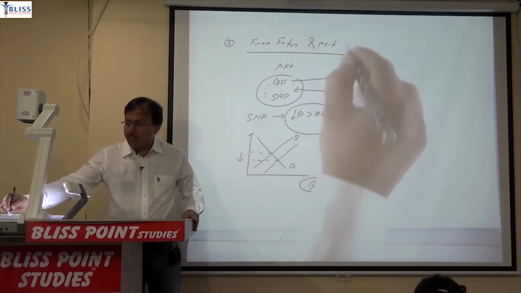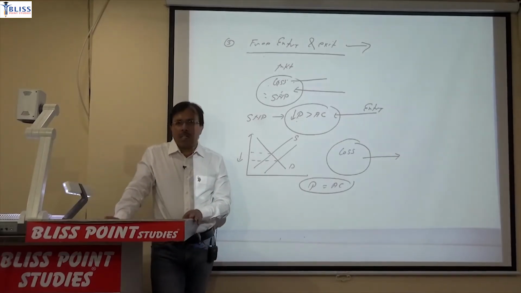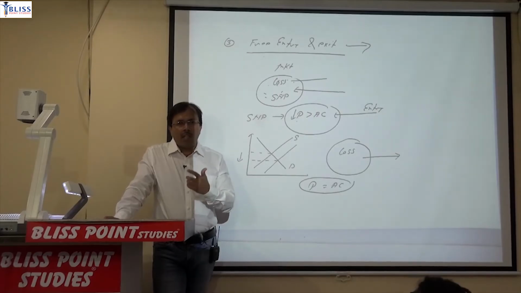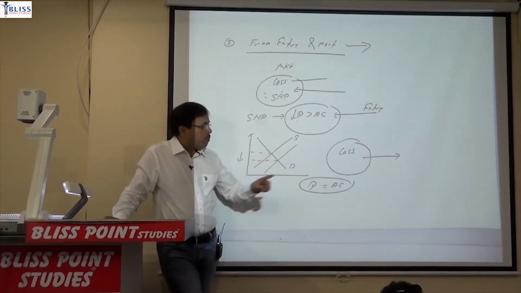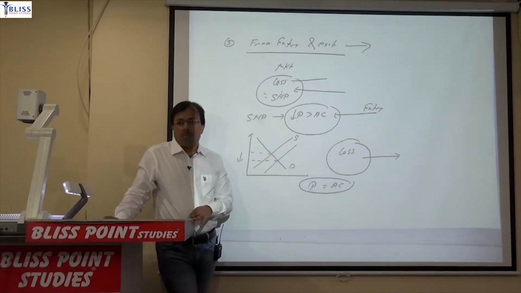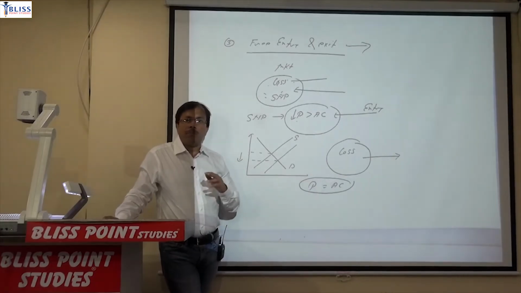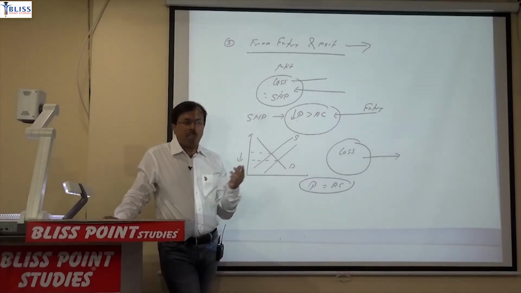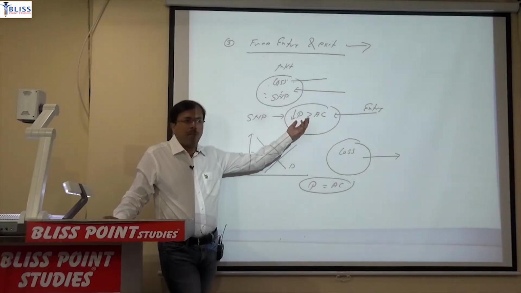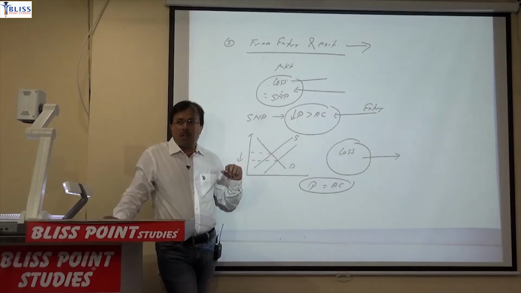So what is the implication of this third feature? If I say the market is characterized by free entry and exit, that free entry and exit will ensure that in the long run price will be equal to average cost. Because if price is more than average cost, there will be profit, and profit will attract new firms. If price is less than average cost, there will be loss and it will cause exit from that market.